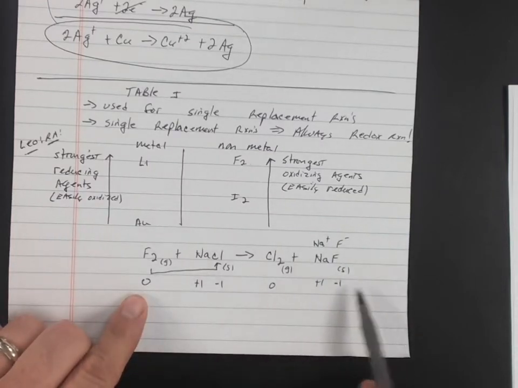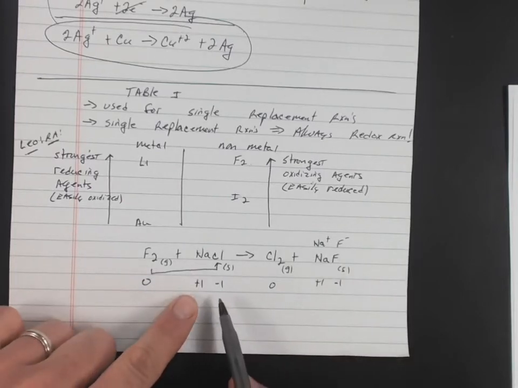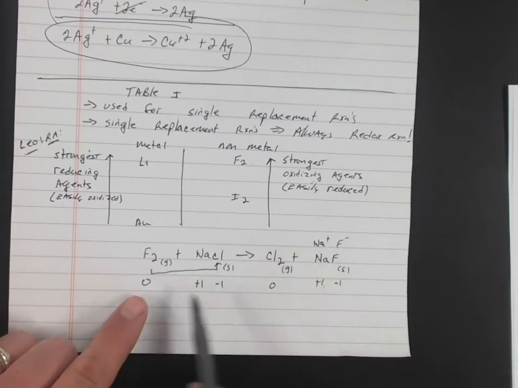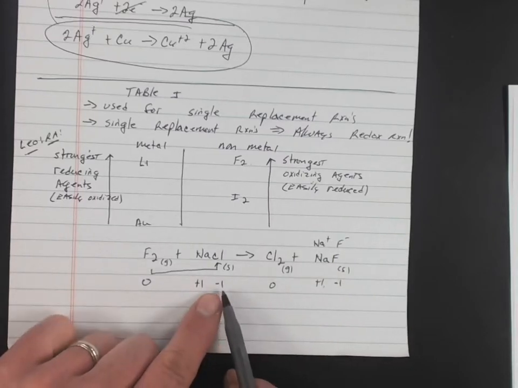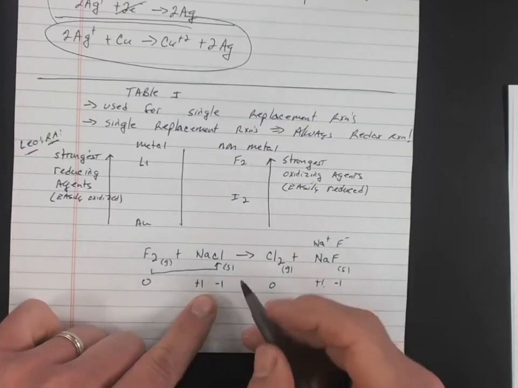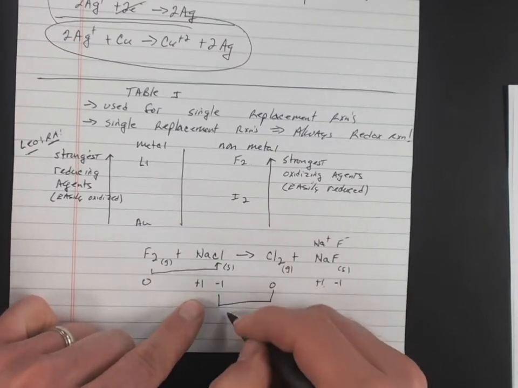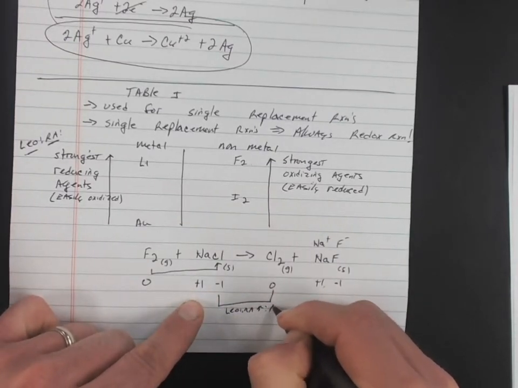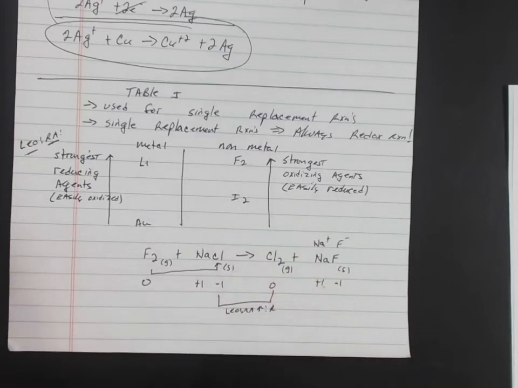Which number goes up? It would be the, nope, Na stays plus 1 and plus 1. Cl goes from -1 to 0. Right there is our LEO RA up, and I need to label them.